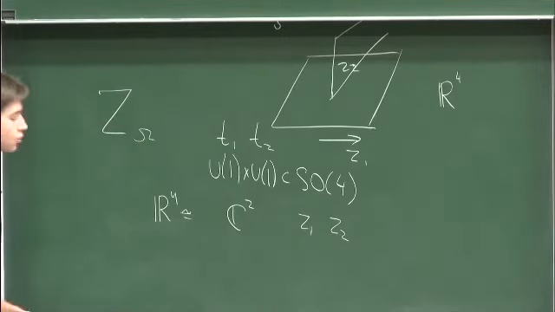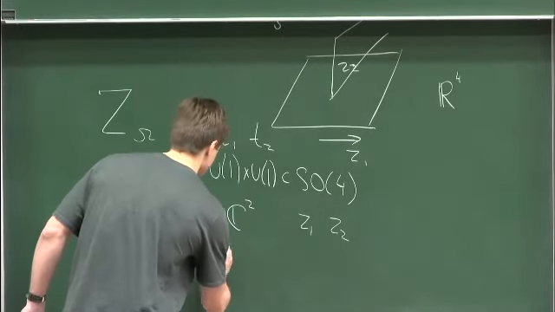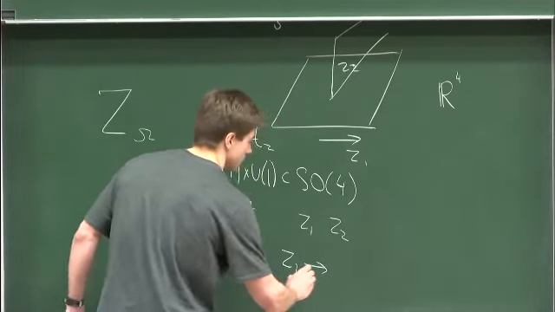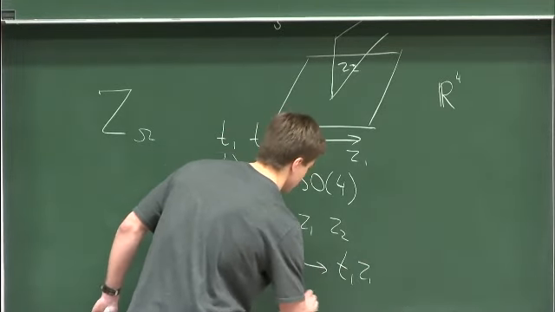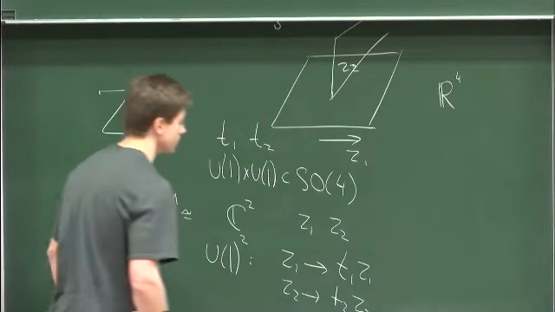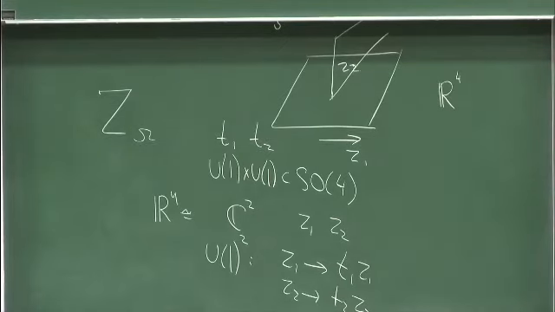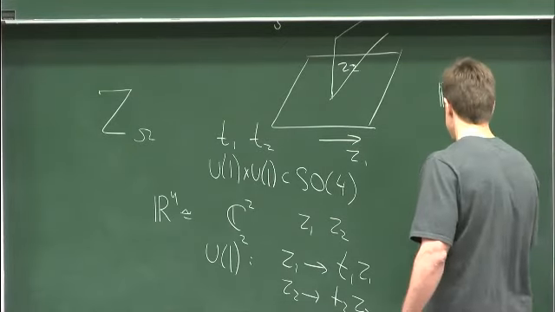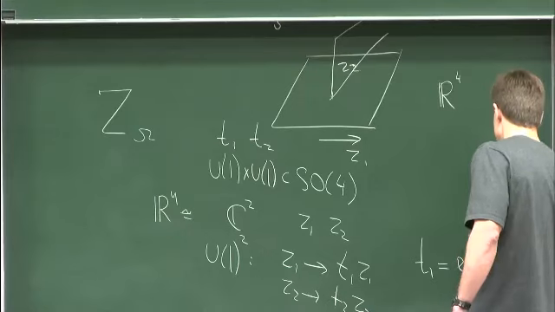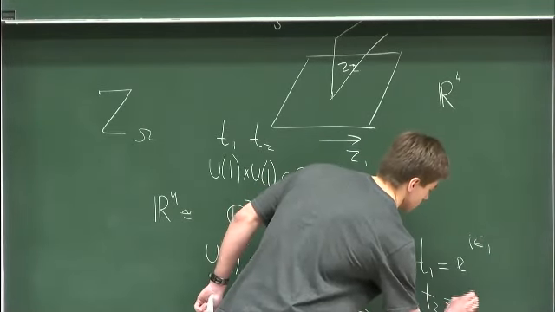So one action on the space-time is given by Z1 mapping to T1 Z1 and Z2 mapping to T2 Z2. And the standard notations for those generators of U1s, for those equivariant parameters, is T1 equals exponent of i epsilon 1, T2 equals exponent of i epsilon 2.